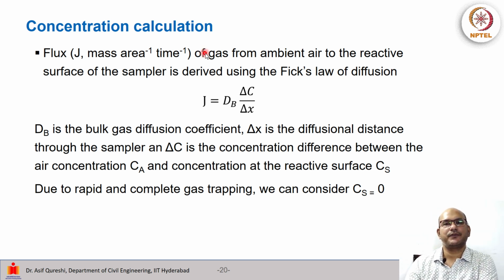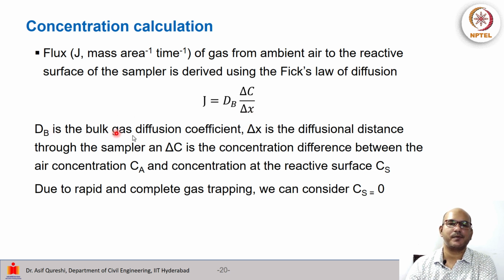If we use Fick's law of diffusion, the flux J, which is the mass of the analyte per area per unit time, so flux of gas from ambient air to the reactive surface of the sampler, is derived using Fick's law of diffusion, which is J equals DB multiplied by delta C, which is the concentration gradient, divided by delta X, which is our diffusional distance.